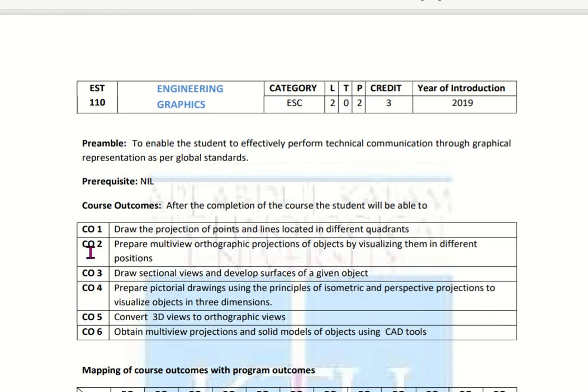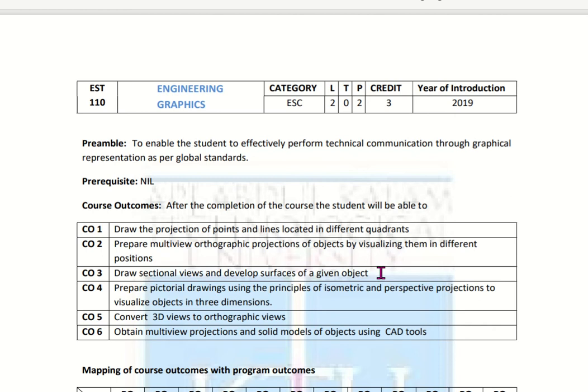Coming to the course outcome of the second module: prepare multi-view orthographic projections of objects by visualizing them in different positions. Coming to the third module, the course outcome is to draw sectional views and develop surfaces of a given object.